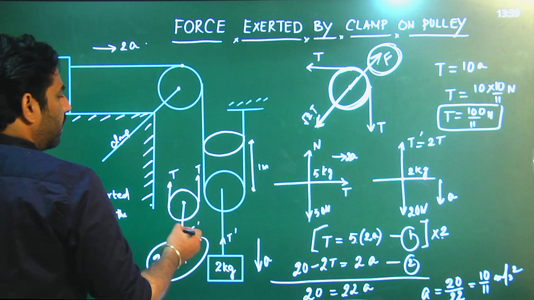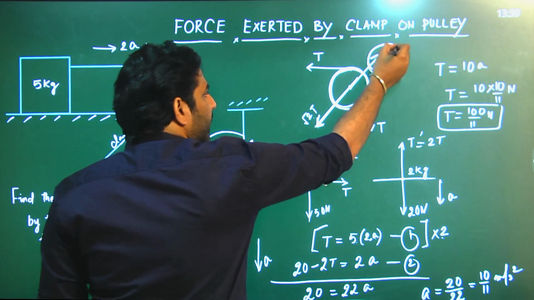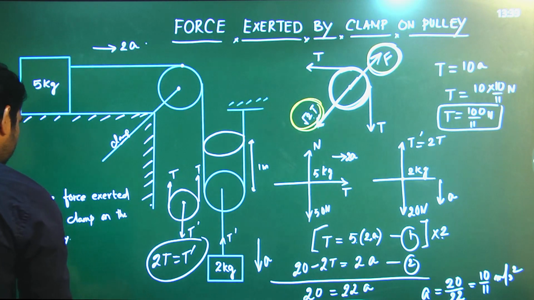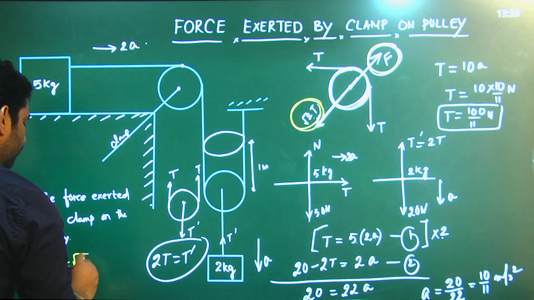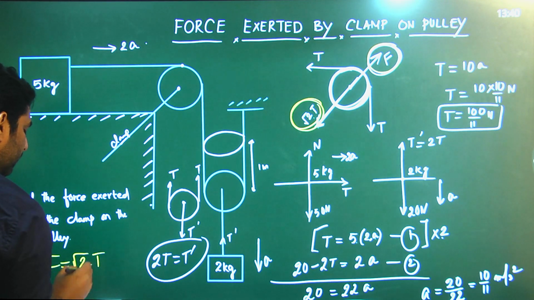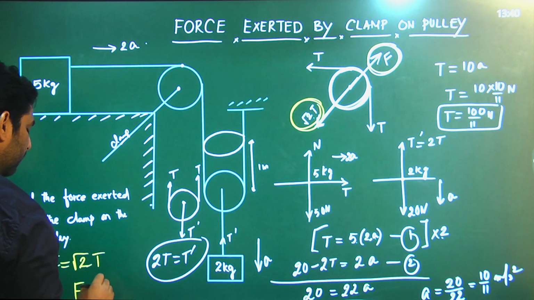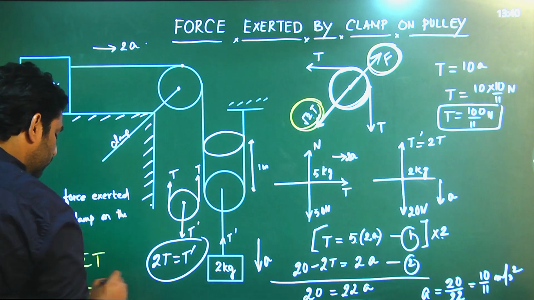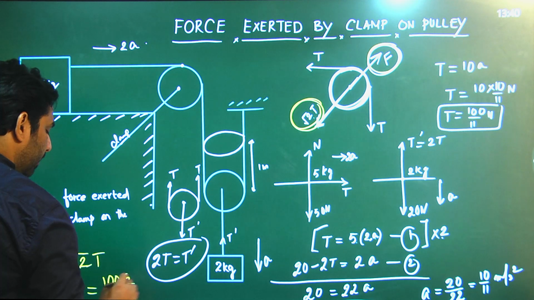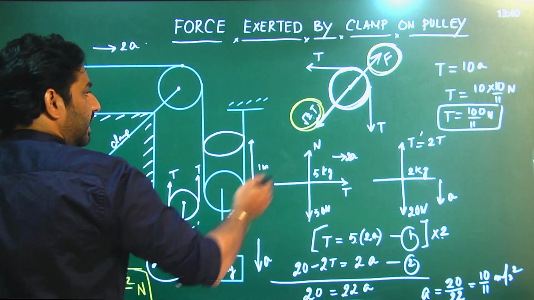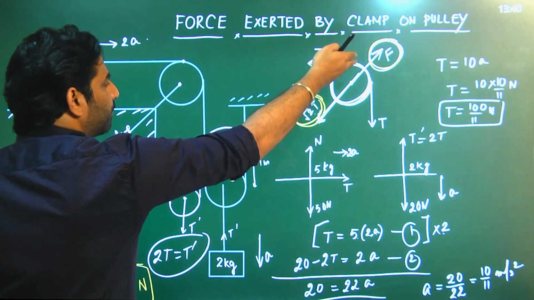As we have already discussed, the force exerted by the clamp is equal to root 2 times T. So the answer F is root 2 times 100 by 11, that is 100 root 2 by 11 newtons.